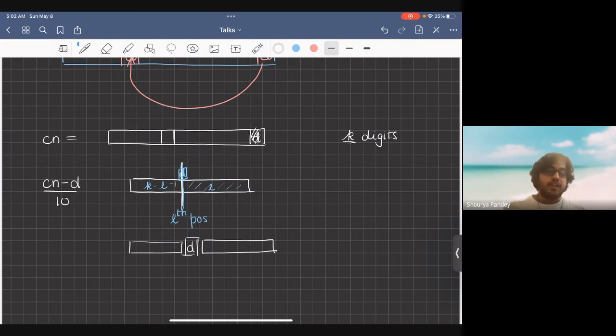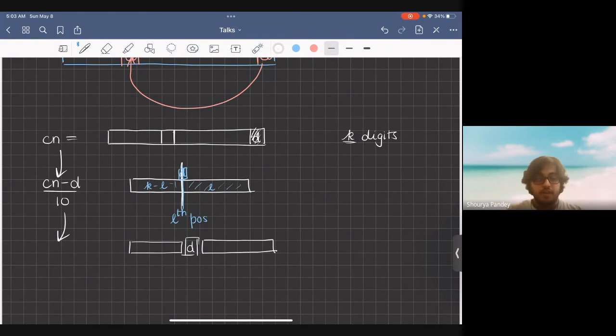And now how do I write this number? Algebraically, how would you have written this number? From here to here, I said (Cn minus d) over 10. What about the next step?